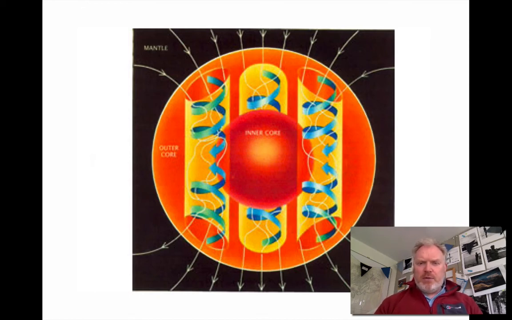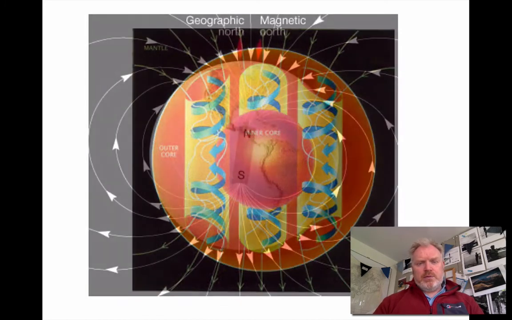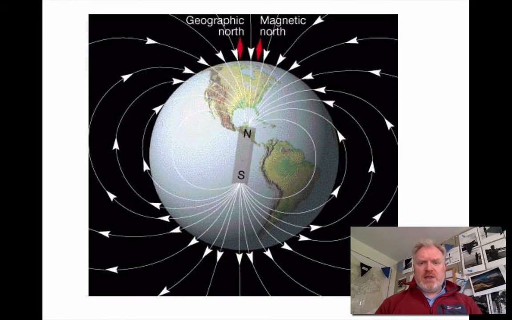It doesn't go that far from the geographic pole, but it does move. We know as well that the polarity of the field flips periodically, although we don't have a good model for why that happens. So, the result of this is our magnetic field.